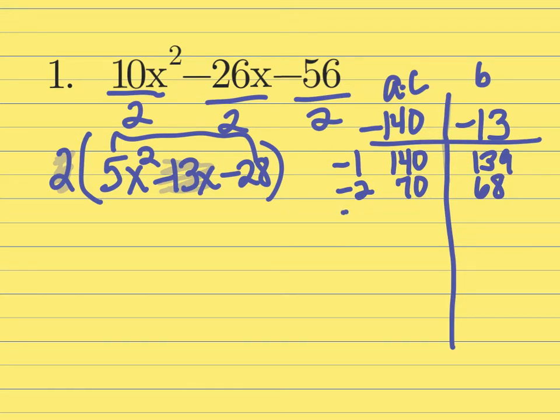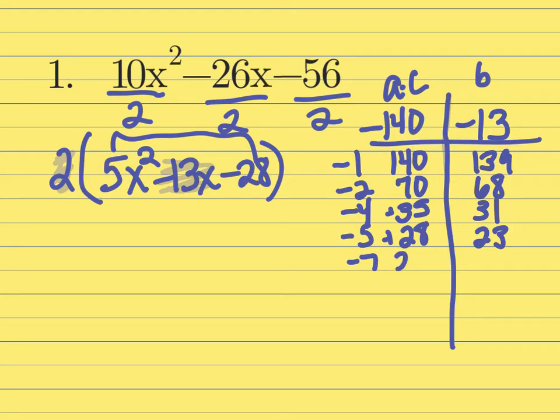Negative 3 won't go into it. Negative 4 will, 35 times, and when I add those, I get 31, getting closer. Negative 5 will go into 28 times, which when I add those gives me 23. So 6 won't go, 7 will.